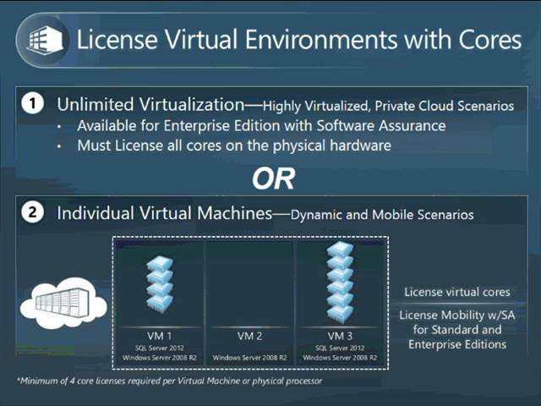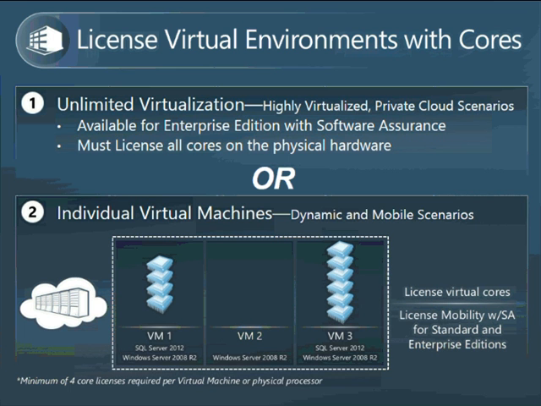So this is, again, continuing on licensing with cores, in this case the virtual environment. A little bit more detail here. We have two options. One option is to license the host that the SQL Server virtual machines are running on.